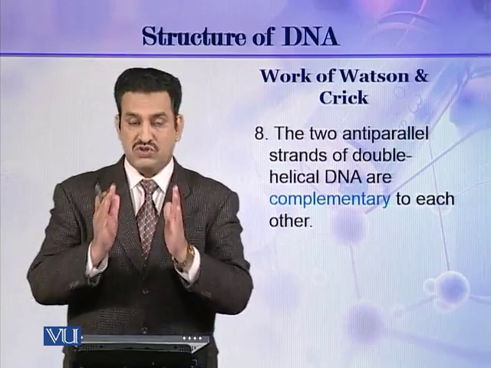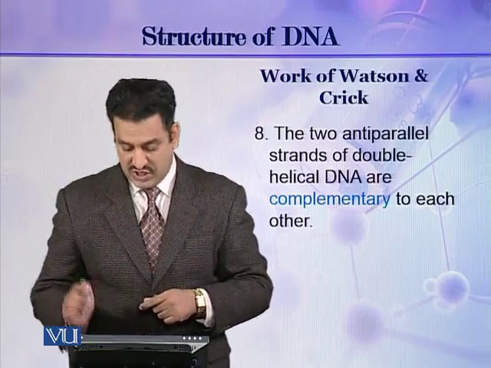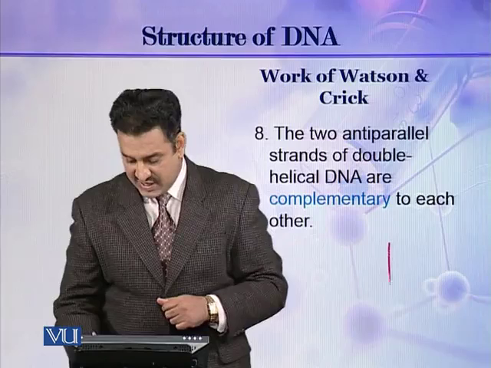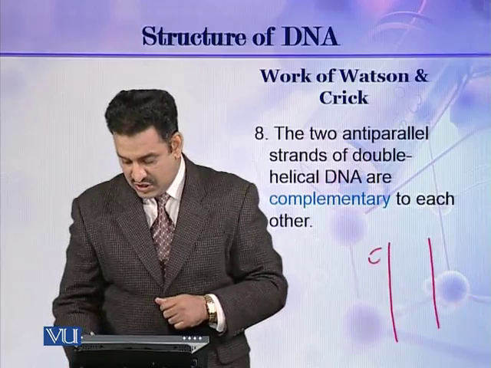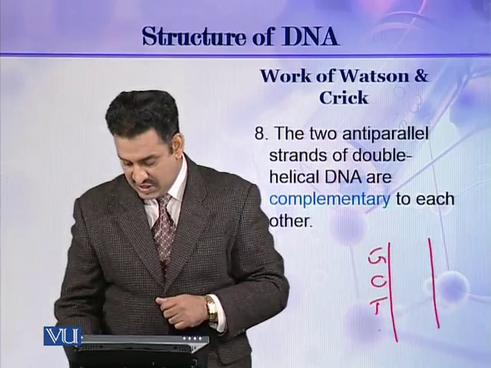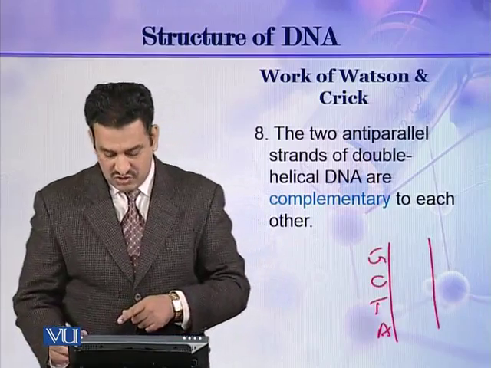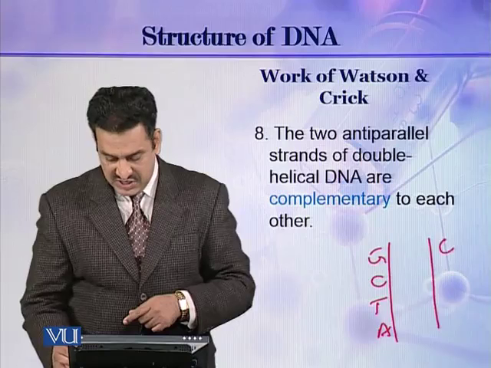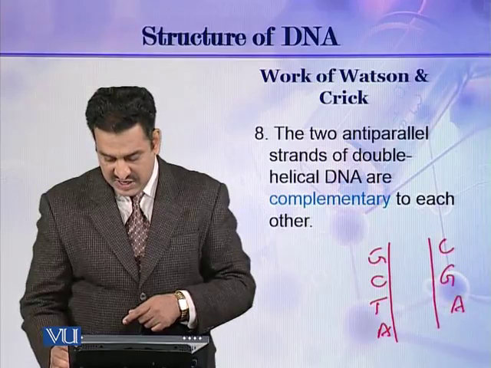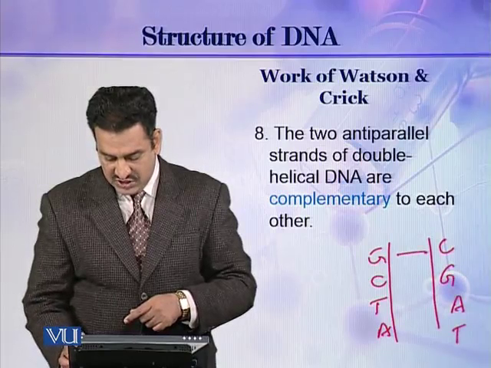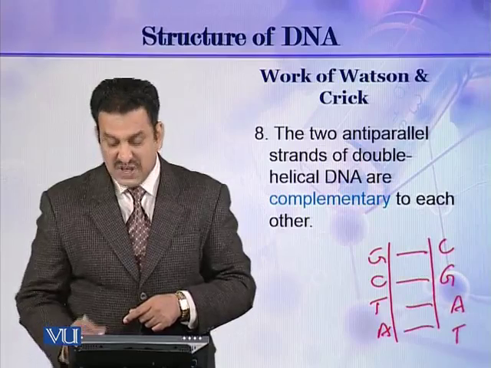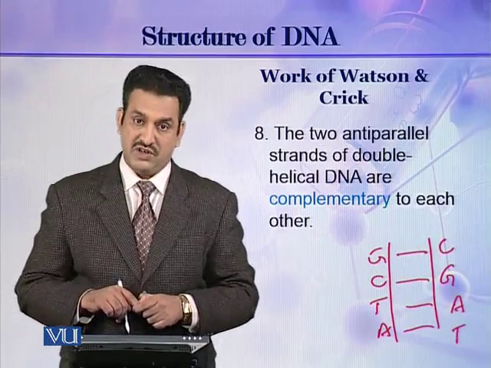So these two strands are complementary to each other. You can write like this: G, C, T, A on this strand. On the other strand, it will be C, G, A, T. So this is called complementary base pairing.